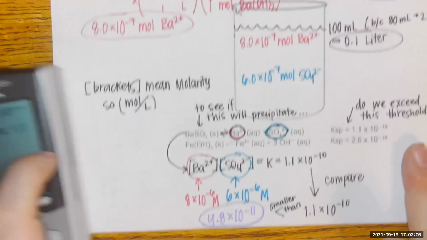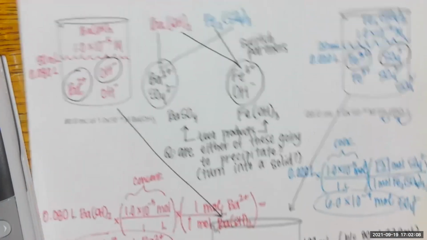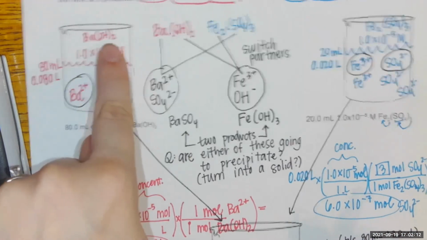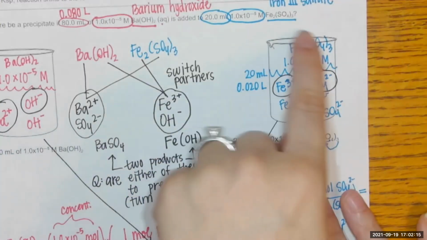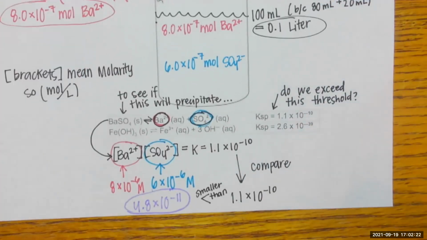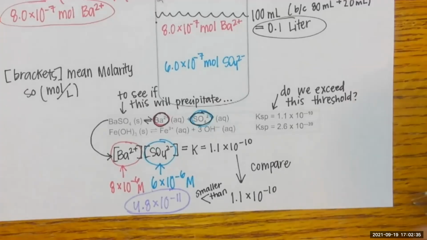So if you did this exact experiment and you took 80 milliliters of this barium hydroxide and 20 milliliters of this iron sulfate and you mixed them together and you were like, watch this, and you try to show your friends the really cool precipitation that just drops from the beaker and looks so magical, is it going to happen? And our math here is telling us that it wouldn't. We did not exceed the threshold.